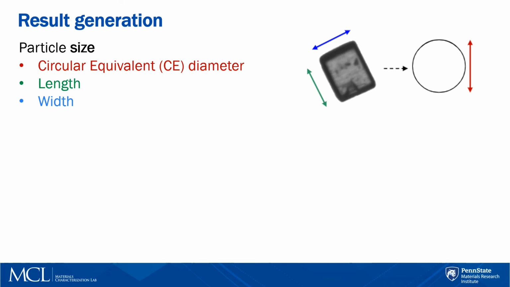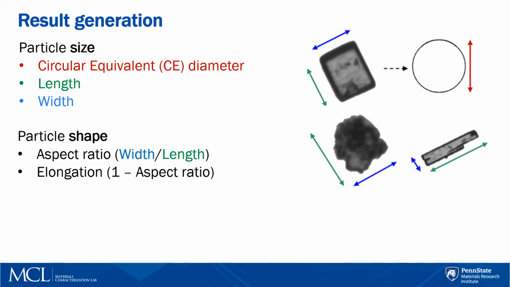There are some common size parameters that are reported for each particle. Particle size can be expressed as circular equivalent diameter, which is the diameter of a circle that has the same area as the particle of interest. Length and width are also used to express particle size. Aspect ratio and elongation are the most common parameters to describe particle shape.